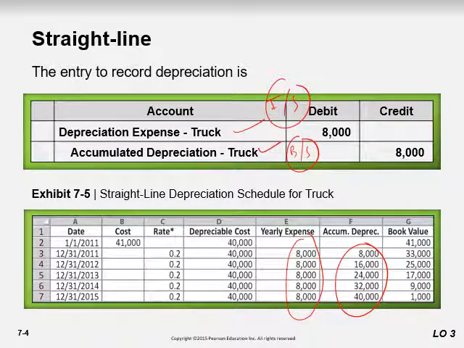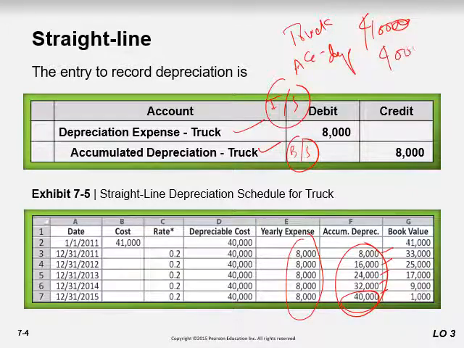You see here accumulated depreciation is increasing until it is 40,000 at the end of 5 years. So the balance sheet would record it as 41,000 cost, truck, accumulated depreciation 40,000, right?